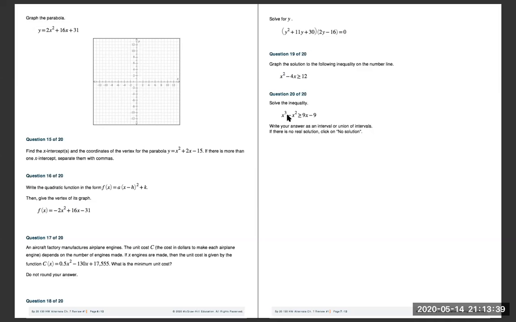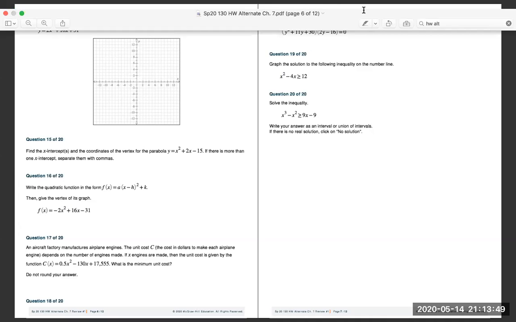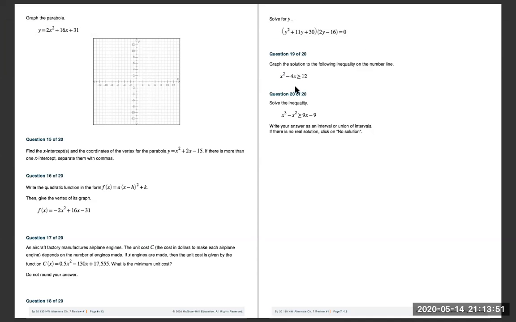We have x cubed minus x squared greater than or equal to 9x minus 9. Write your answer as an interval or union of intervals. So what that means is just interval notation. And if there's no real solution, click on no solution.